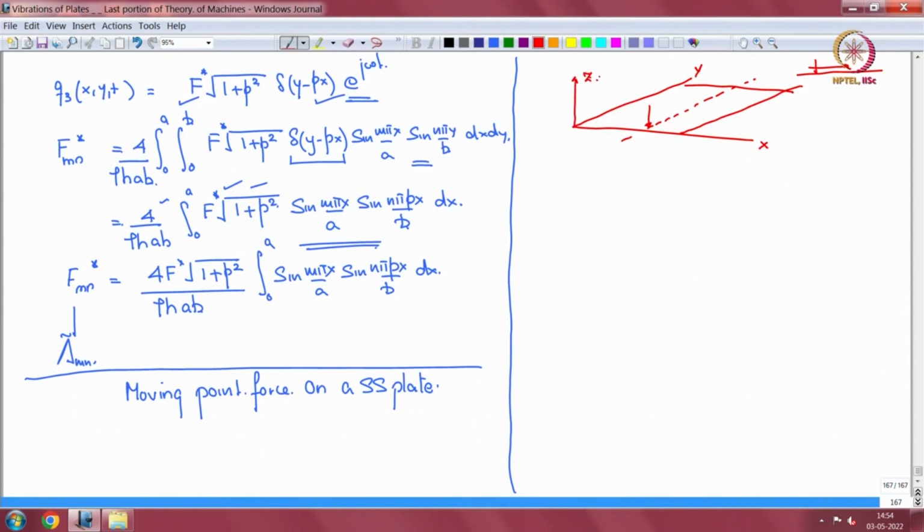So my q3, this is not a harmonic situation now, it's not a harmonic force, it's going to be a transient, and we have to deal with it like that.